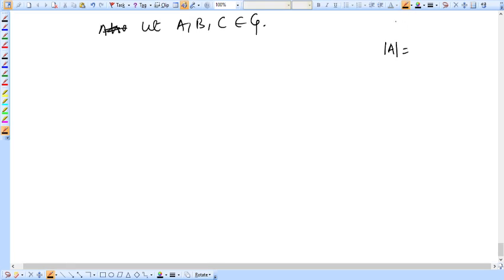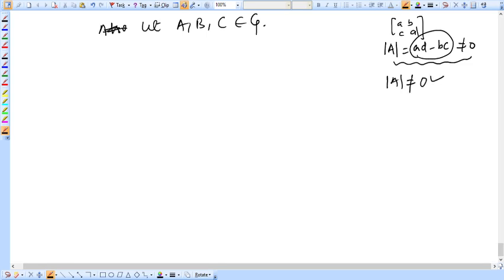Determinant of A, if A is equal to ABCD, is equal to AD minus BC. Okay, it is not equal to 0. So problem in this case tells us that determinant of A is not equal to 0.